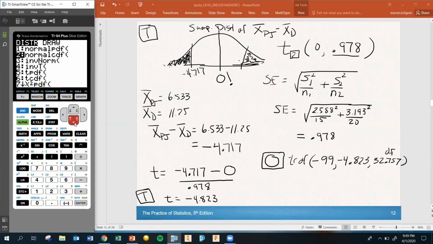So second distributions, tcdf, we're going to go from lower, negative 99, to upper, our t-score, negative 4.823, and we're going to punch in the degrees of freedom, 32.757. If you use that shortcut of 14, you would be off a little bit with your p-value here.